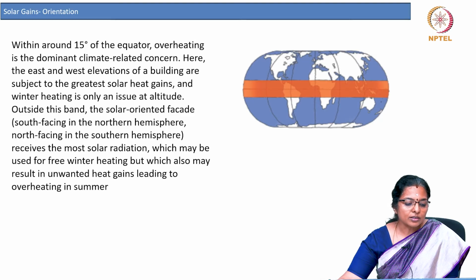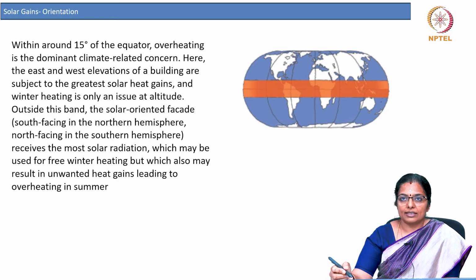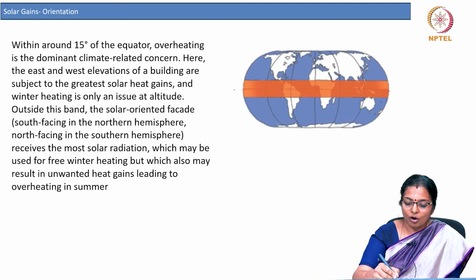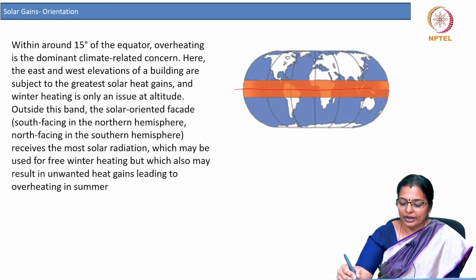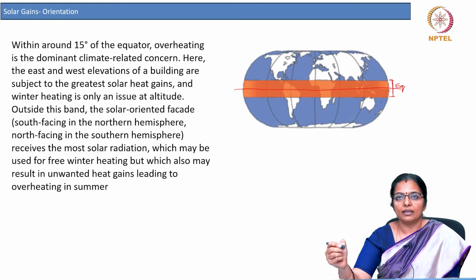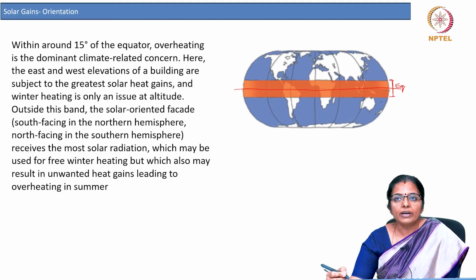Let us look at solar gains due to orientation. Within about 15 degrees north and south of the equator, within this belt, overheating is the dominant climate related concern.